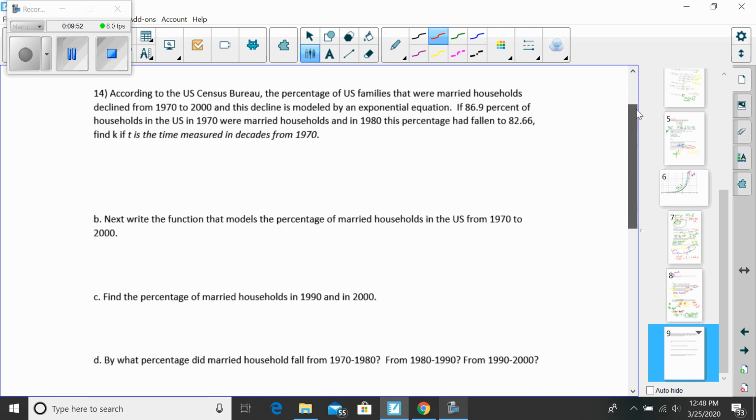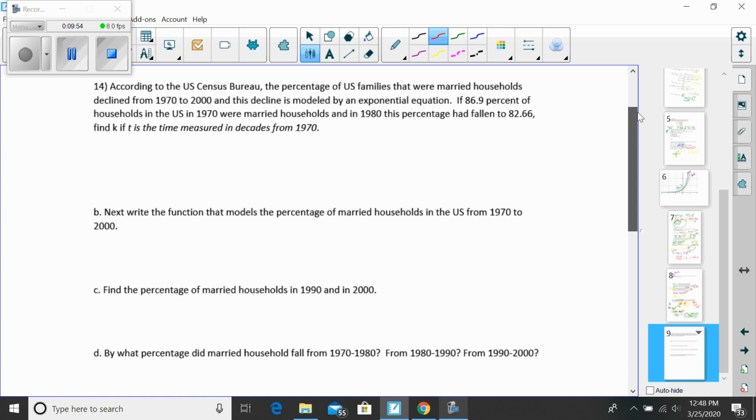Okay, so let's move on to the last problem in our segment. If you study sociology, history, they talk about the decay of the American family. So less and less households are married couples as compared to how it was back when I was first born. So if we think about something declining exponentially, remember we looked at that earlier, it might decline very quickly and then level off.